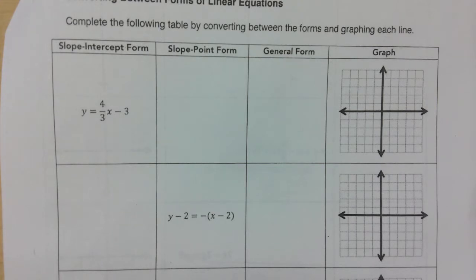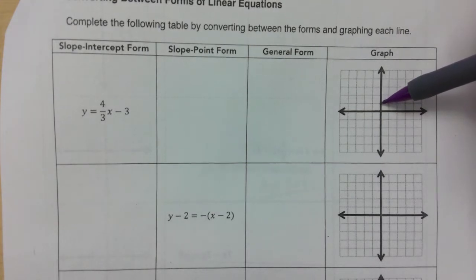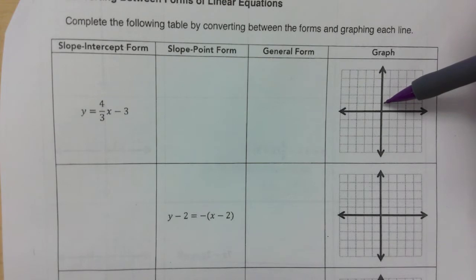When it's not going straight through an intersection at the y-axis, you have to use slope point form. Okay? You got to pick a point where it's going through that is exact, that goes through an intersection, and you write it in that form. Okay? That's the key there. That's why I made it be in between, because I wanted you to use the slope point form.